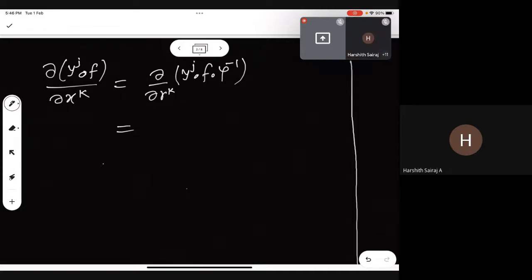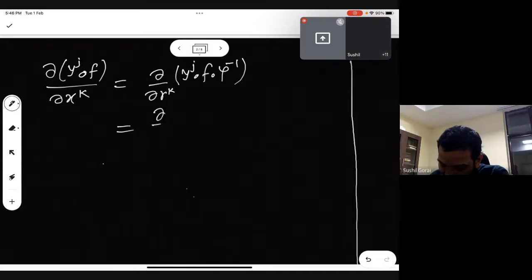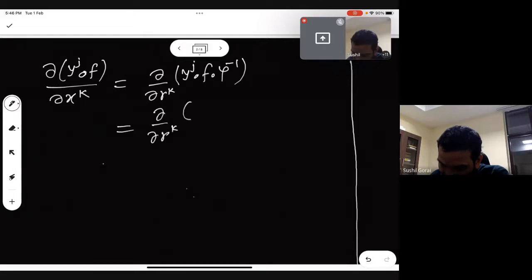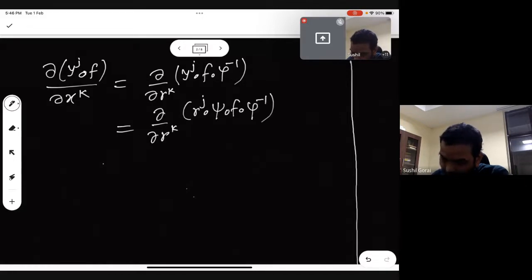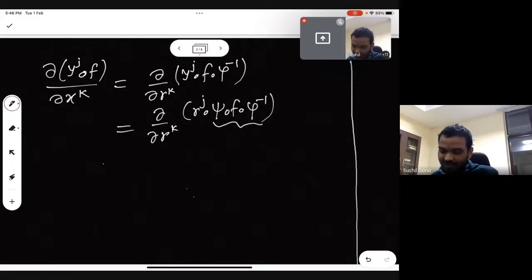So ∂/∂r^k of (r^j∘psi∘f∘phi inverse). Now, what is this map? This one.